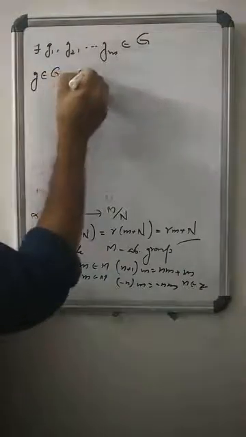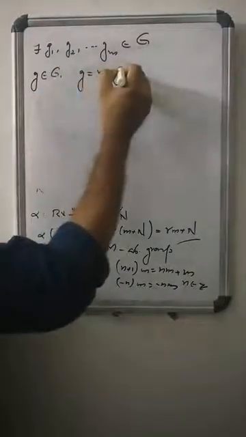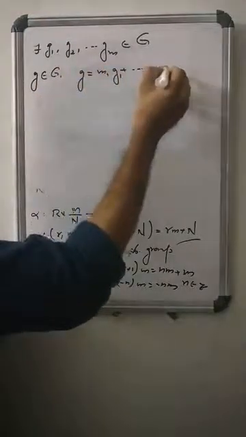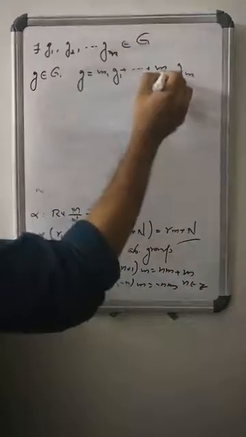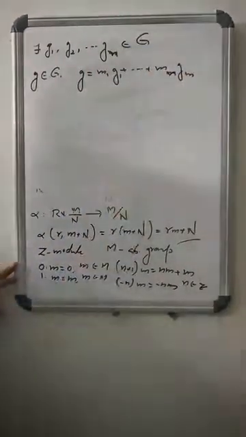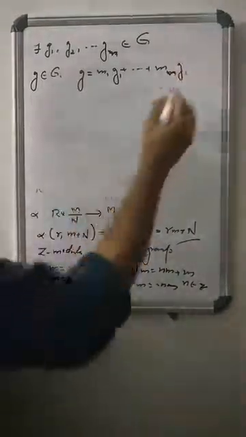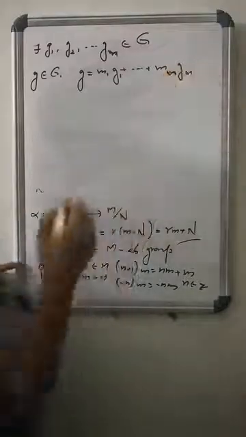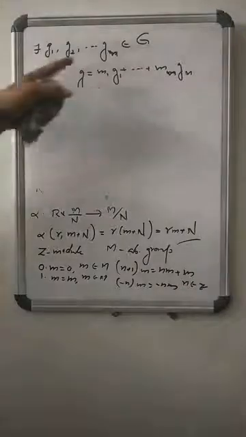as a linear combination of these gi's. That is, g equals m1 g1 plus etc. plus mn gn. Any element in G can be expressed as a linear combination of the elements g1, g2, etc., gn.